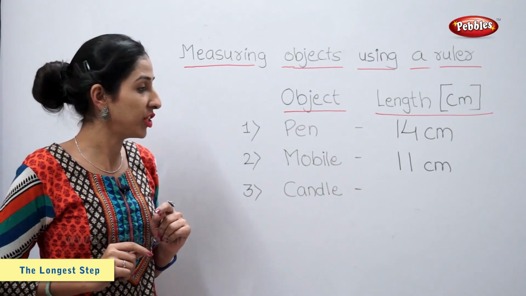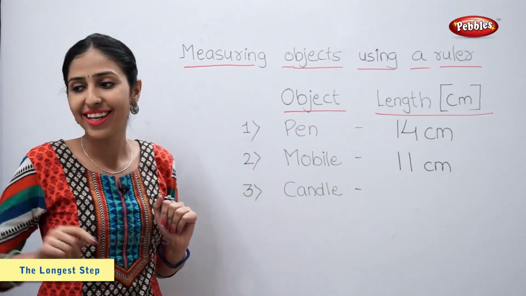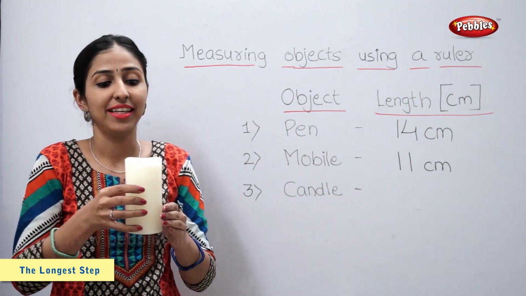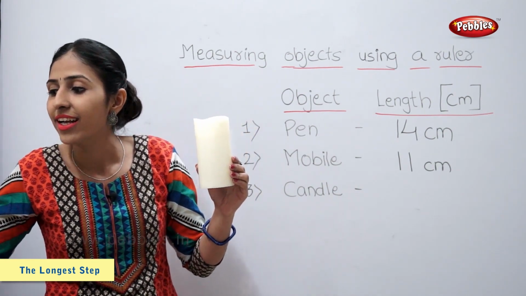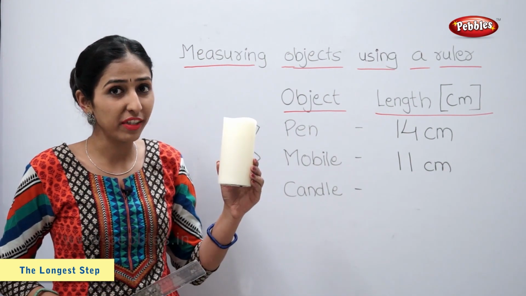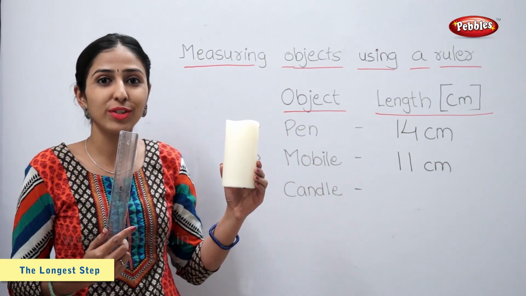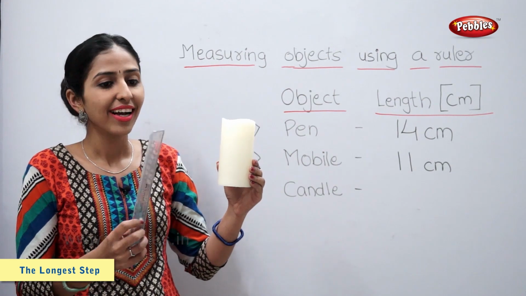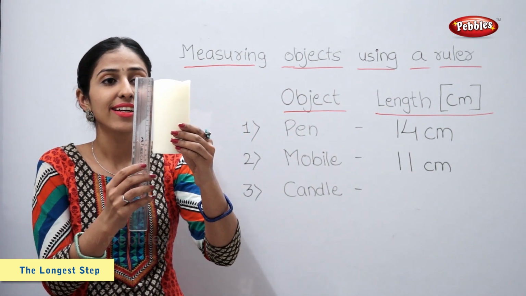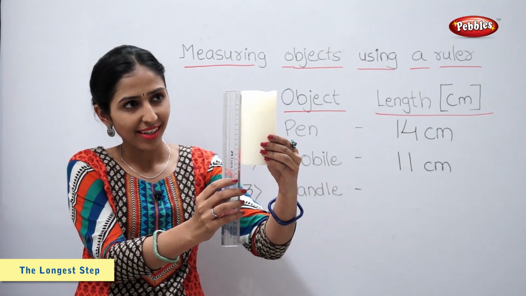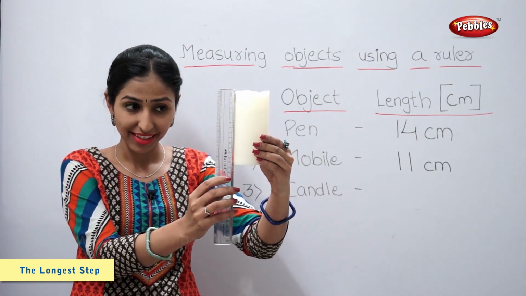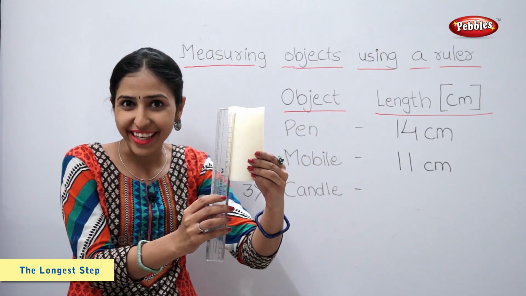Now, let's measure a candle. This is our candle. Let's measure length of this candle with the help of this ruler. 14 again.